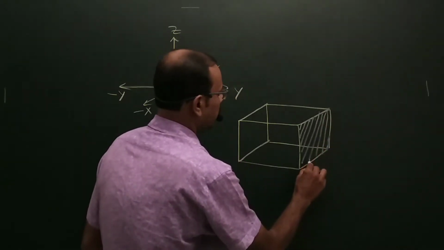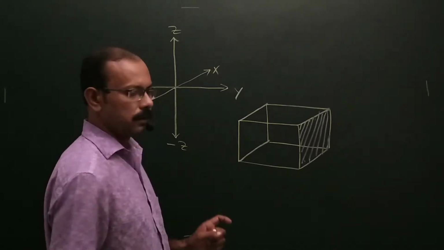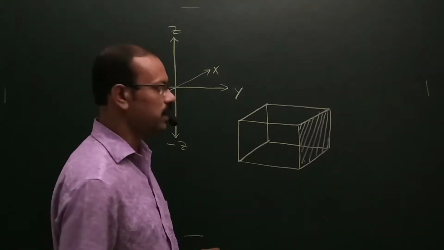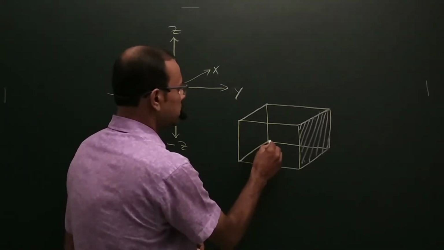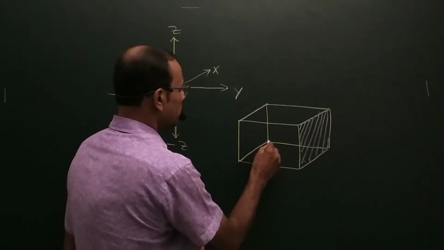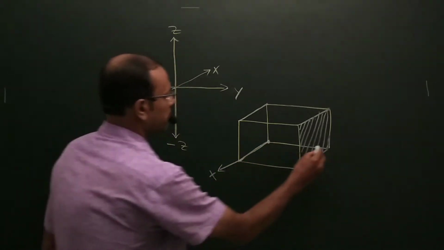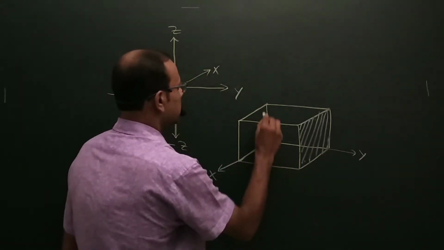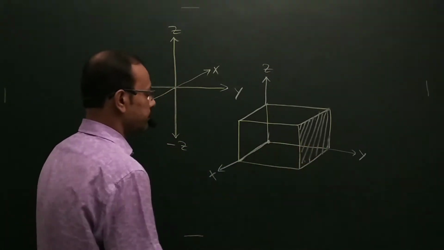As we know, the plane cannot pass through the origin. Therefore, I would like to take the origin at this point. Therefore, you see this is the x-axis, this is the y-axis, and this is the z-axis in the opposite direction.